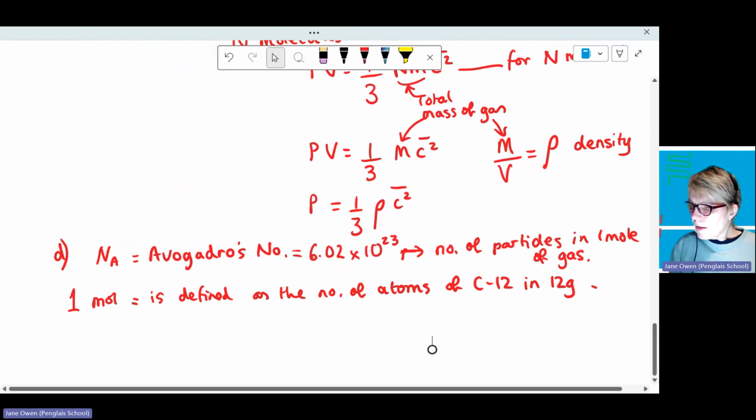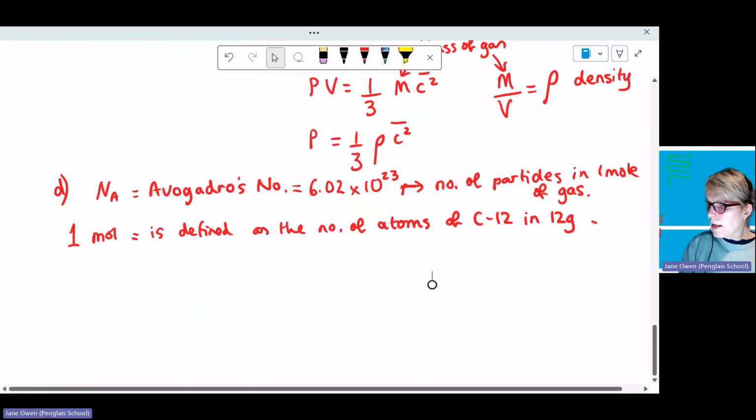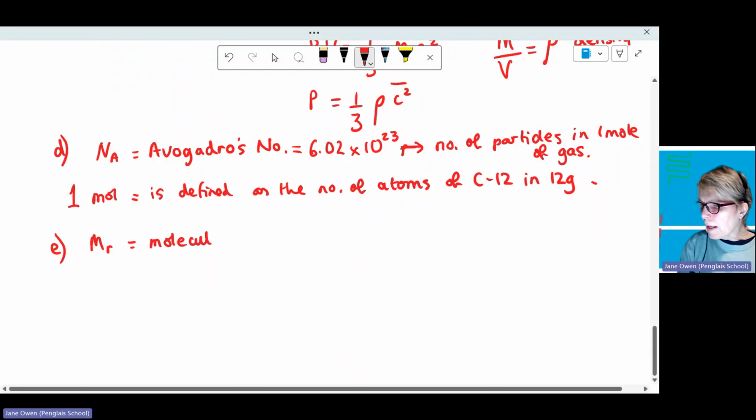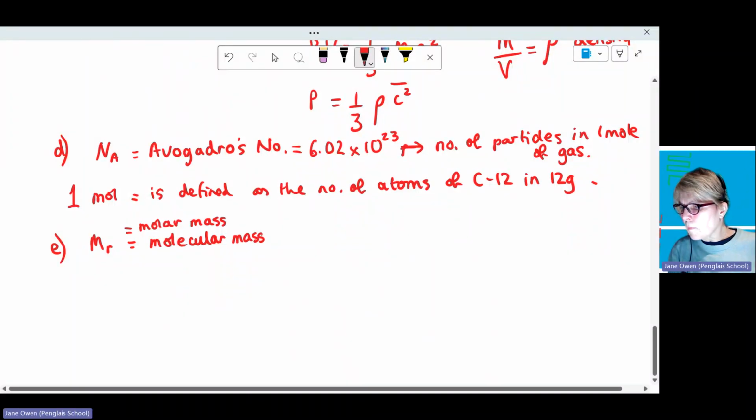Okay. All right, so let's have a look at the molecular mass. Mr is the molecular mass. Now, this could be molecular mass or molar mass. Depends if it's an atom or a formula.